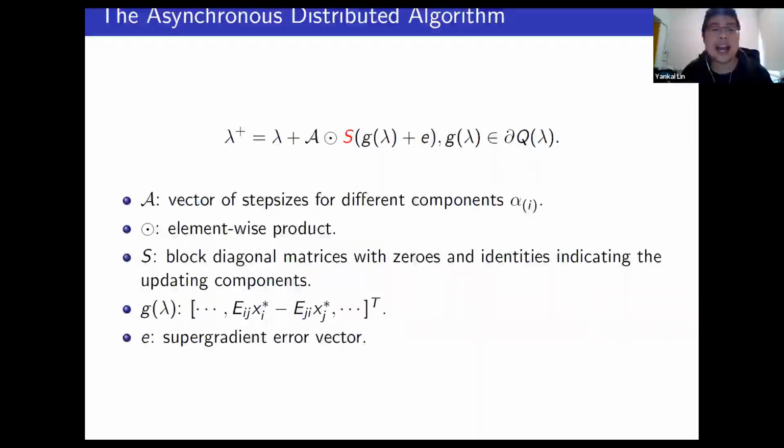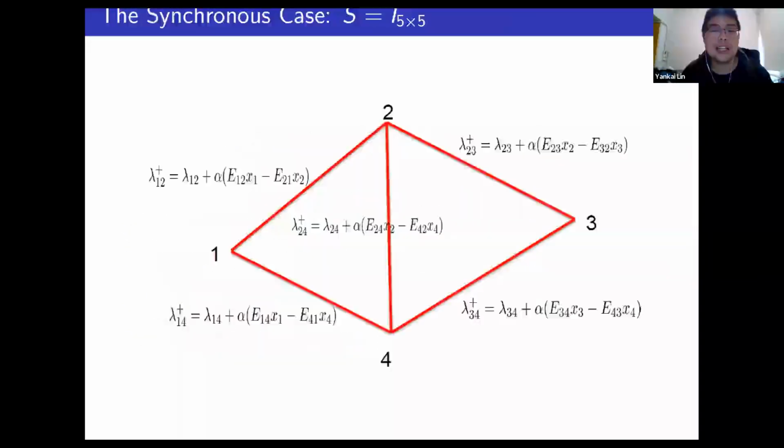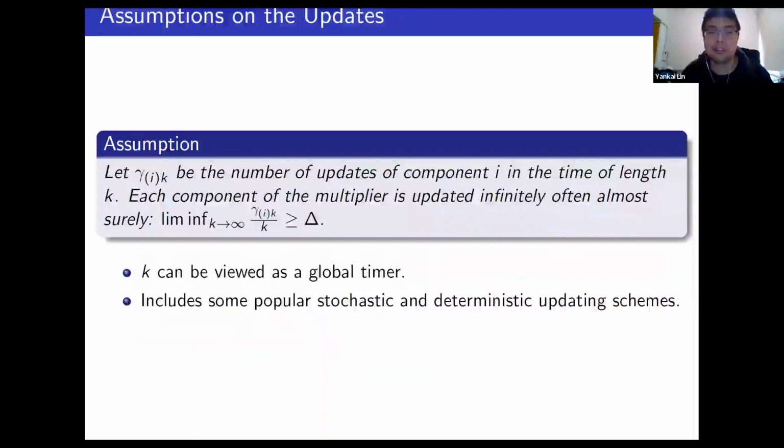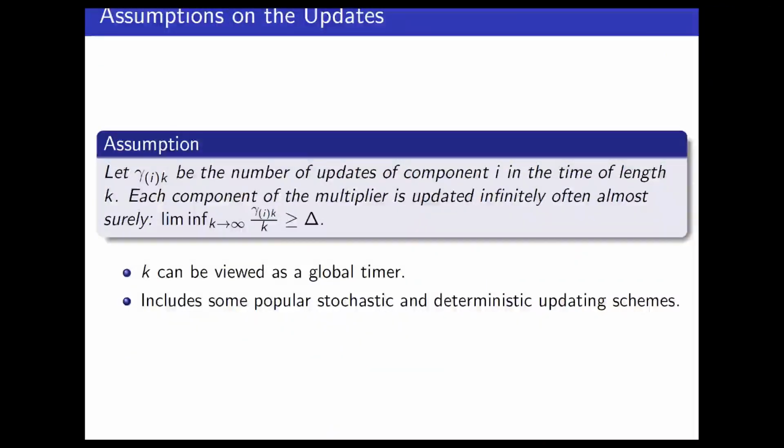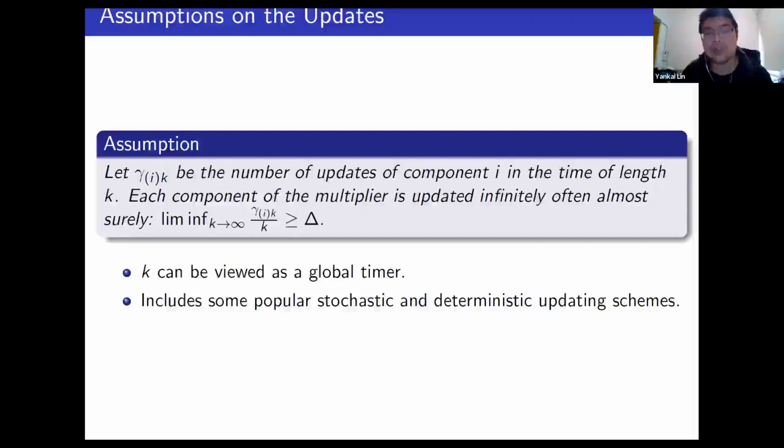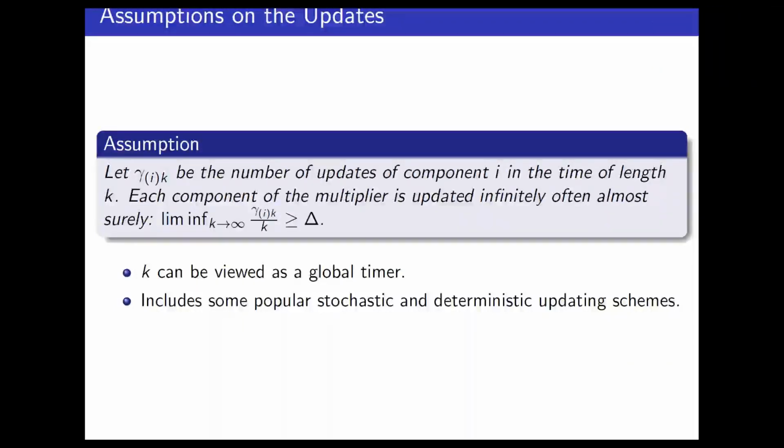Here, S indicates how different components are updated, and it's captured via this assumption. Do you design it to satisfy the assumption, or how do you construct it, or is it given by the network or whatever? No, it's given by the network. You can ask the other question as well. Okay, thanks.